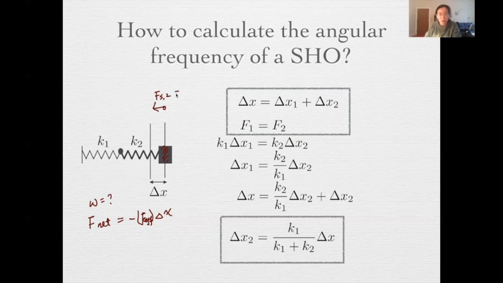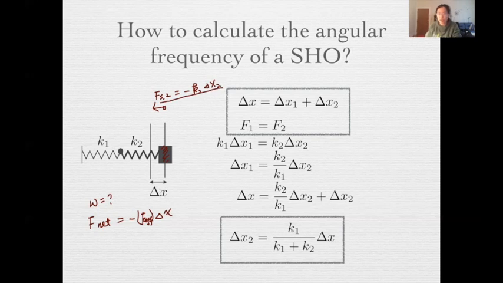Okay, which is the spring force of the second spring is equal to negative K2 times delta X2. All right, but this delta X2 and this delta X are different things.